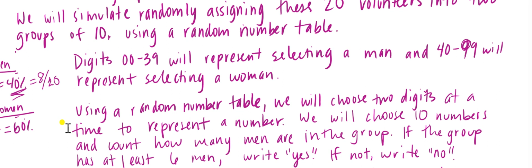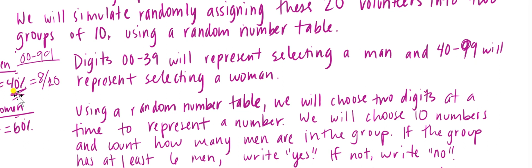You may remember that on a random number table, if I use numbers 1 through 100, I have to look at digits 3 at a time, because 100 has 3 digits, and I don't want to do that. So instead, I'm going to look at numbers from 0 to 99. There are still 100 numbers there, and I get to look at digits 2 at a time, and I actually get to use all of the numbers that I pick.